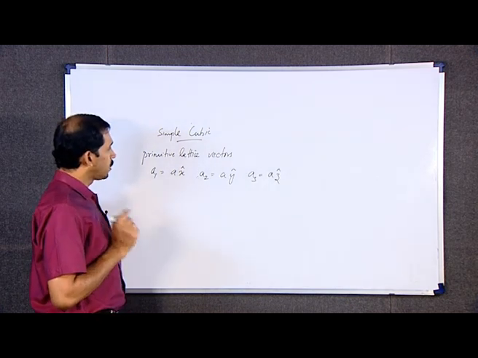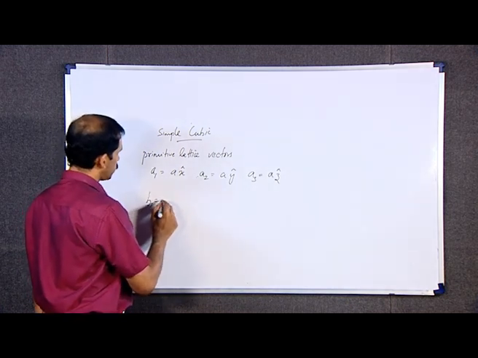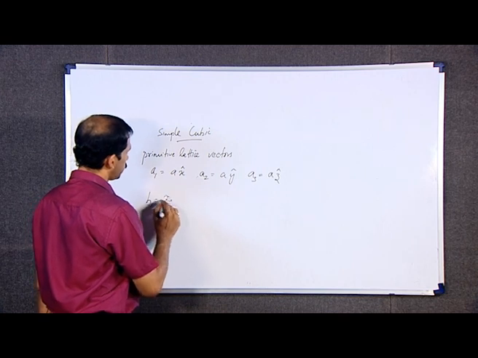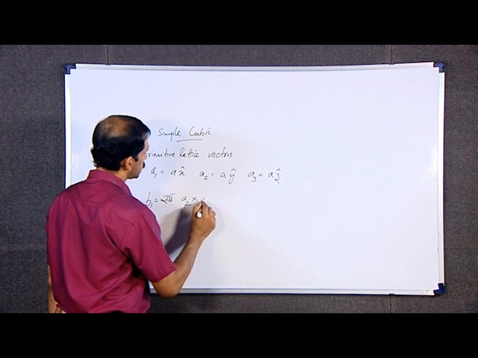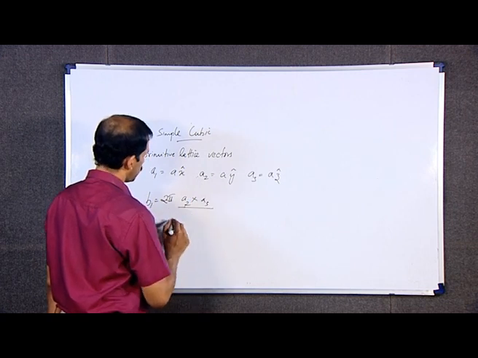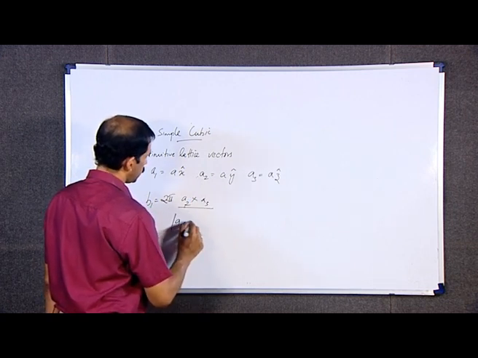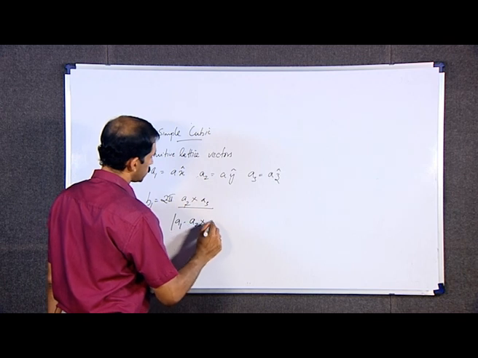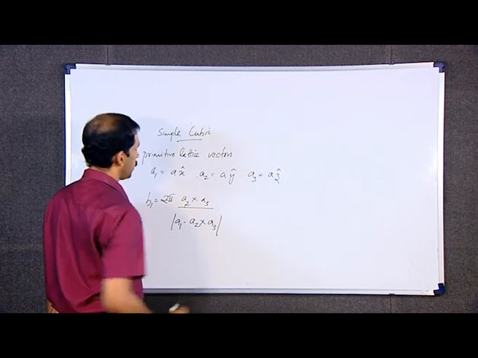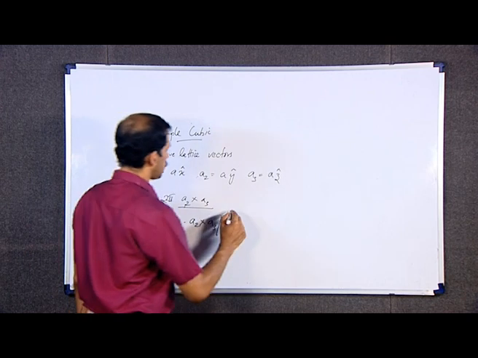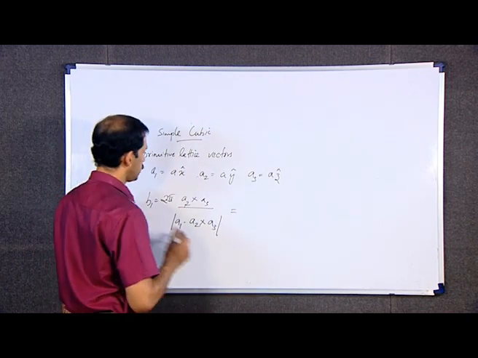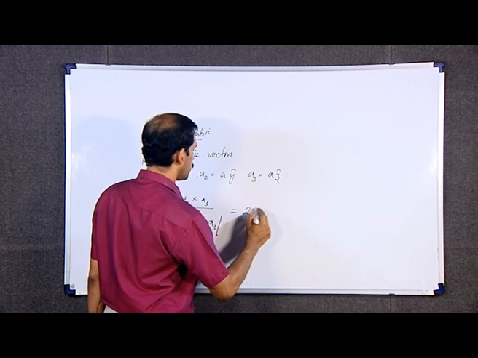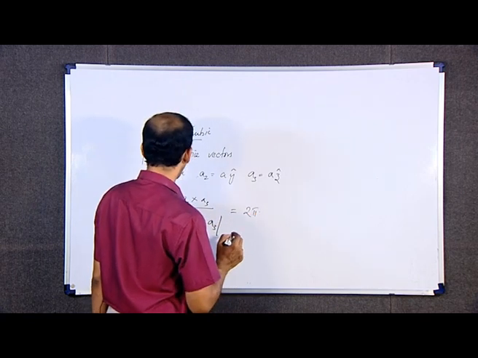What was the formula we discussed? b1 equals 2 pi times a2 cross a3 divided by a1 dot a2 cross a3. We evaluate b1, b2, b3. So, what is b1? 2 pi times a2 cross a3.